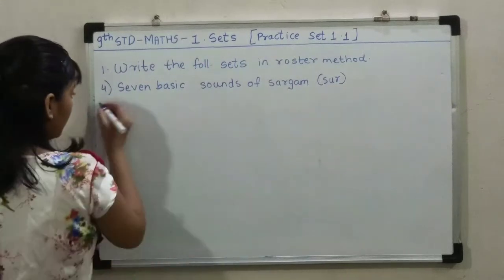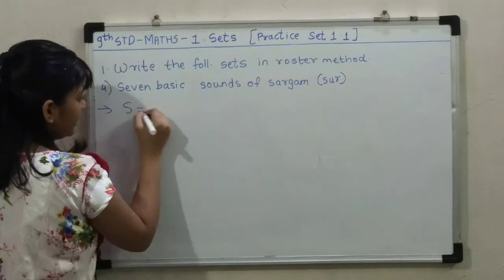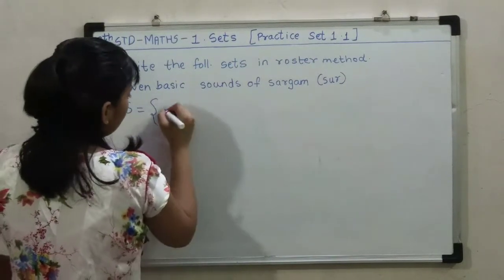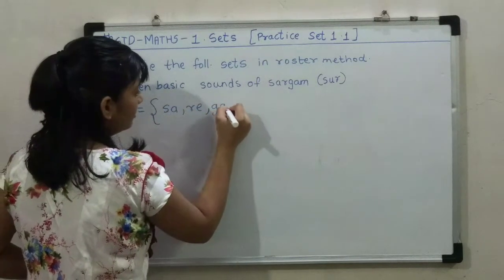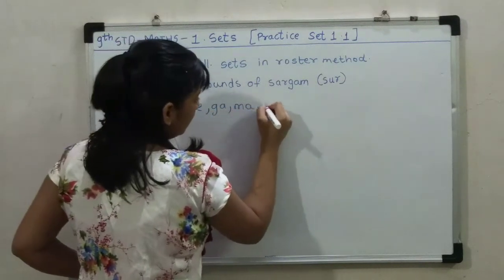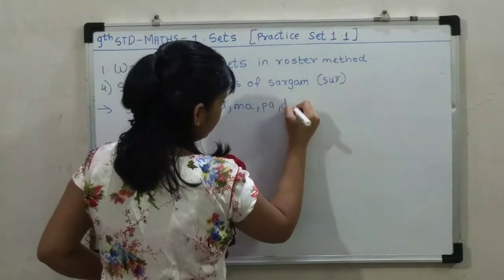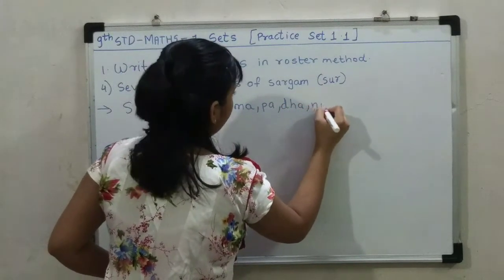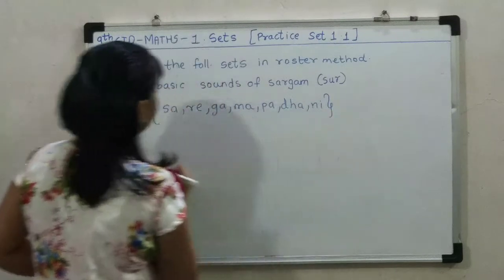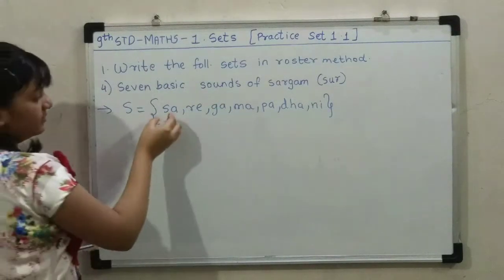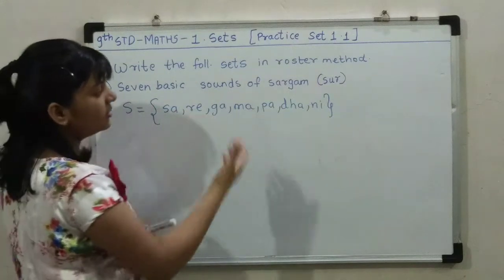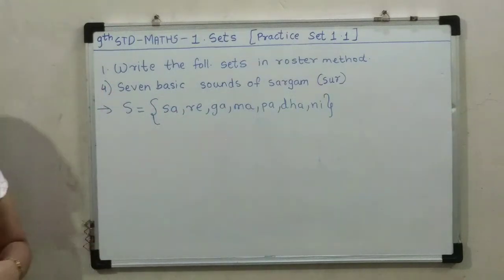Set S is equals to sa, re, ga, ma, pa, dha, ni. Sa is repeating, but we are not going to write it again, because in the listing or roster method we do not repeat an element.